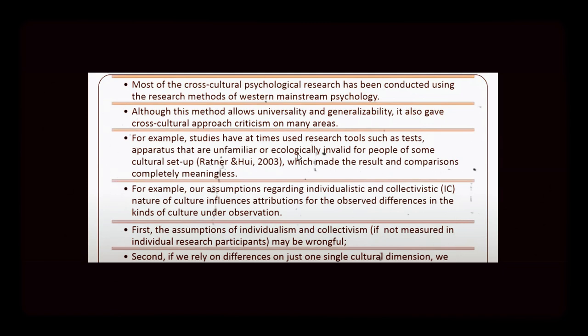For example, our assumptions regarding individualistic and collectivistic nature of culture influence attributions for the observed differences in the kinds of culture under observation. Our assumption may go wrong in two crucial ways. First, the assumptions of individualism and collectivism, if not measured in individual research participants, may be wrongful.